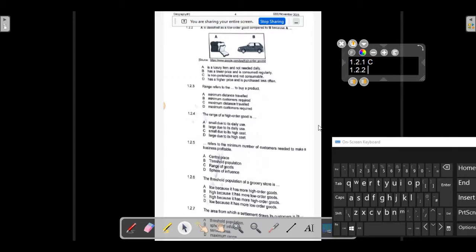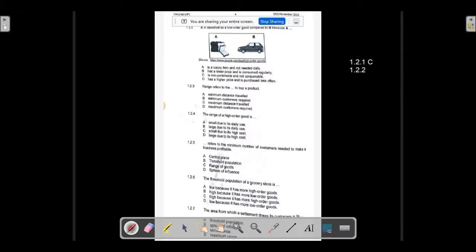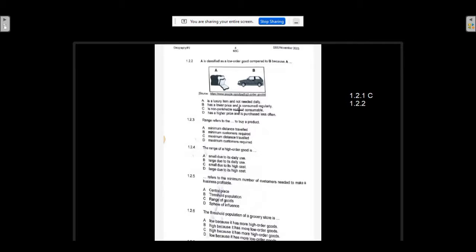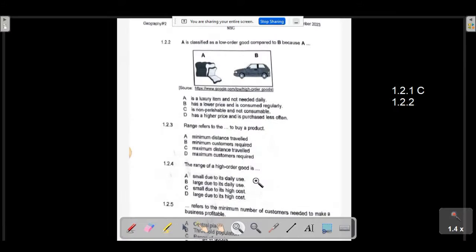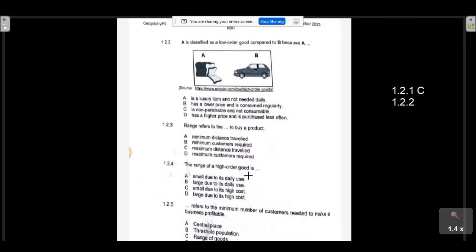And they say A is classified, let me zoom in, A is classified as a low order good compared to B. Okay, yes, indeed, A is a low order good compared to B, because A is what?